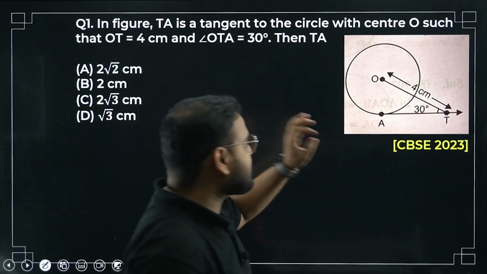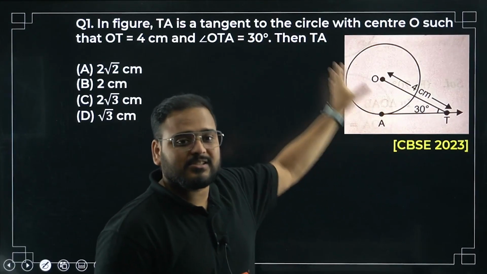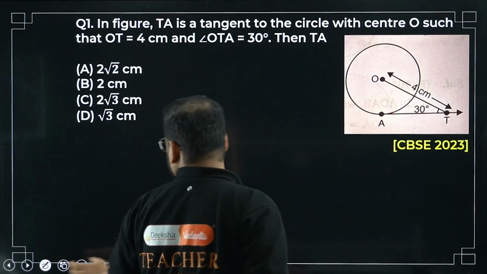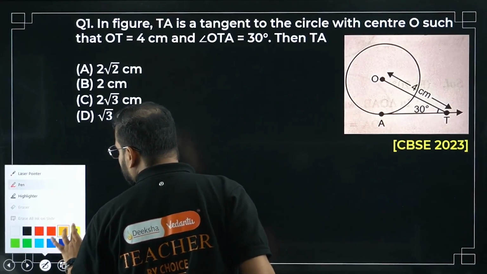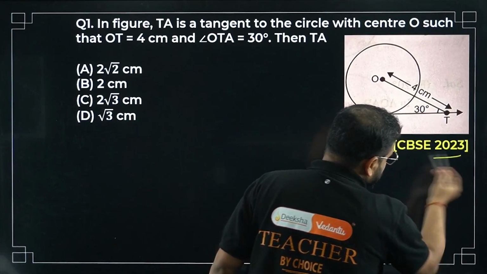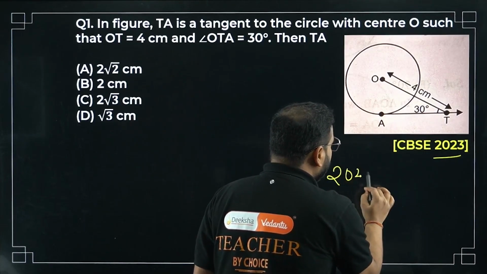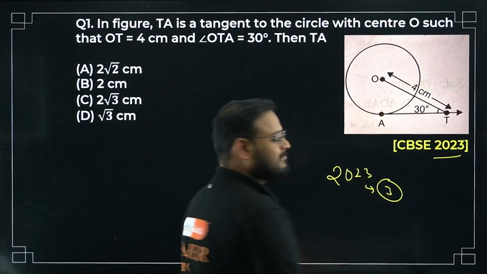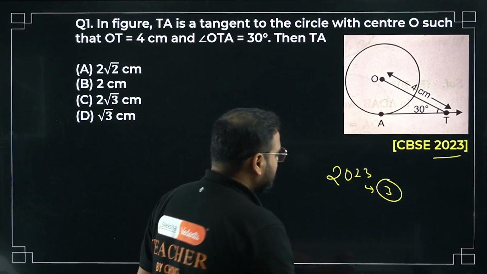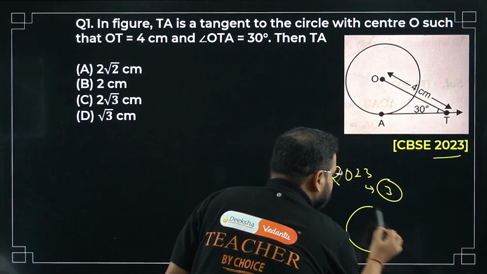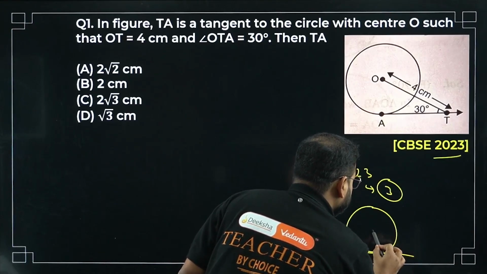Bacha, this question has been asked on multiple occasions. Sir, you've written over here only 23, sir. There are no other years. Bacha, I'll tell you, in 2023 only they have asked this question 3 times. Sir, how come? Bacha, they have asked this question on this property: that circle is there, tangent is there, and this radius is there.